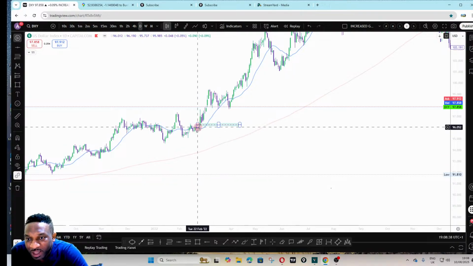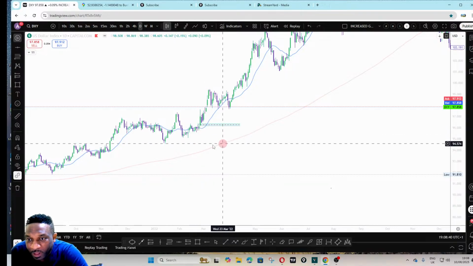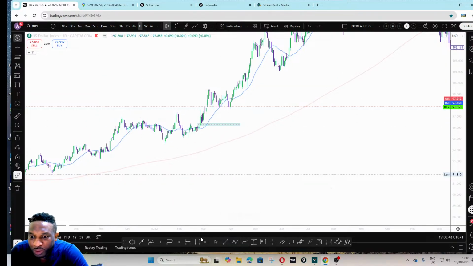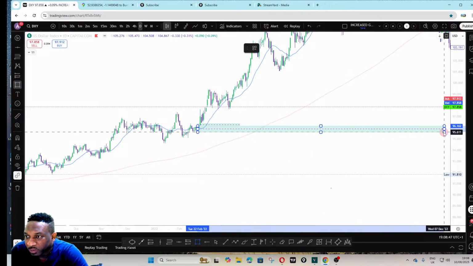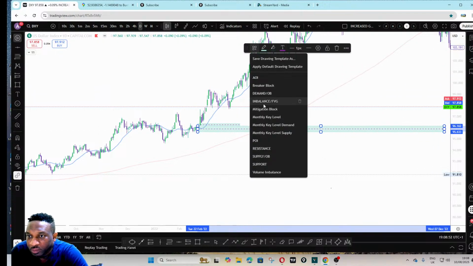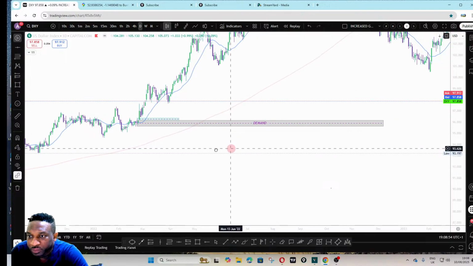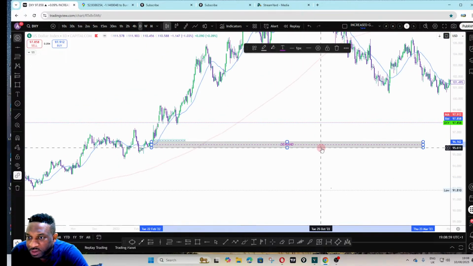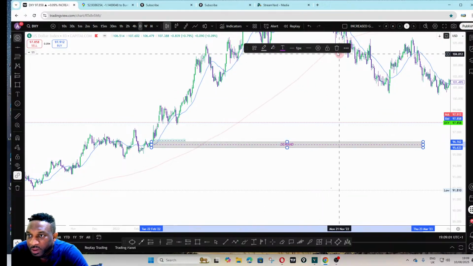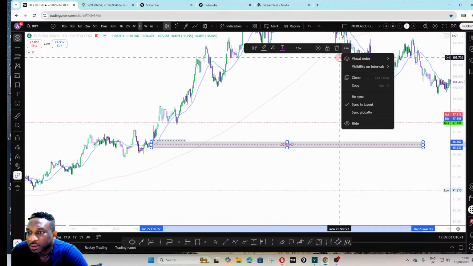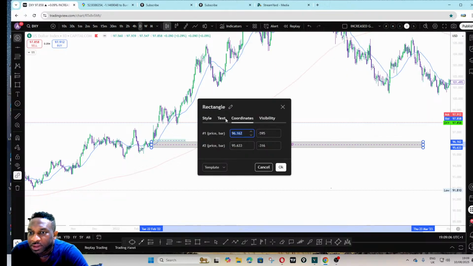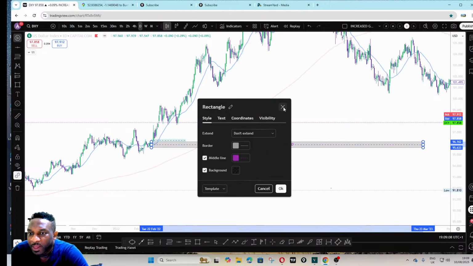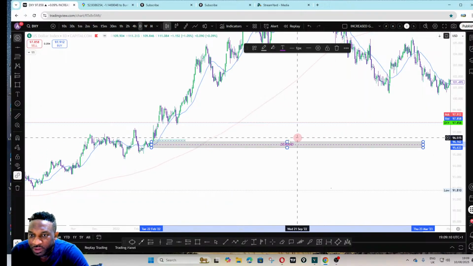We can see the imbalance that was left here, and then below this imbalance we have a demand zone. We need to extend this to the right. Okay, this is the demand zone.